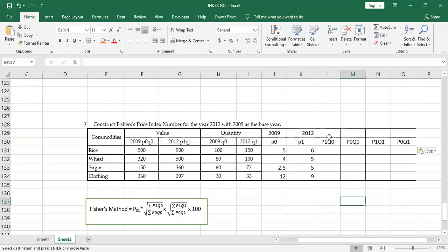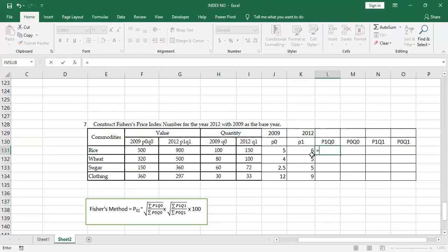How do you calculate P1 Q0? P1 is here and Q0 is here, so it is P1 into Q0. You'll be getting the answer.